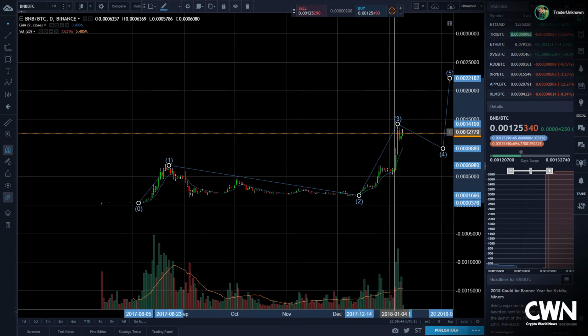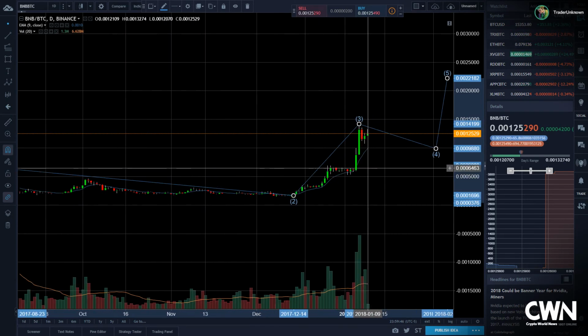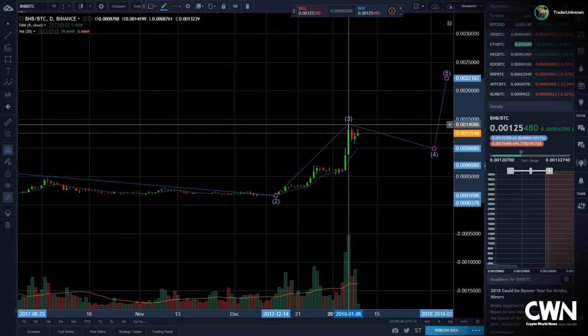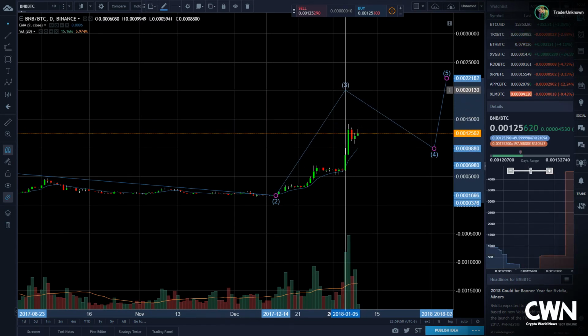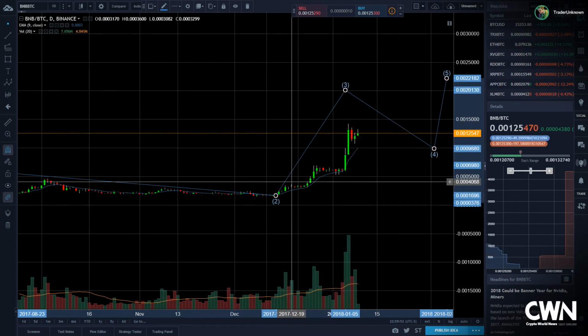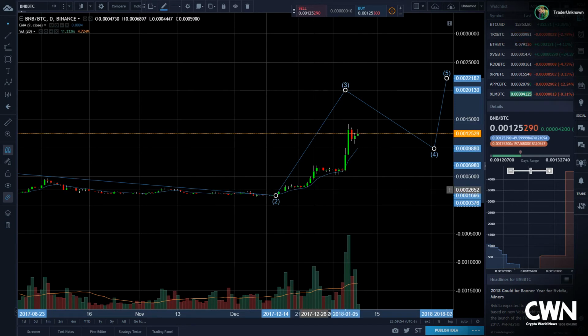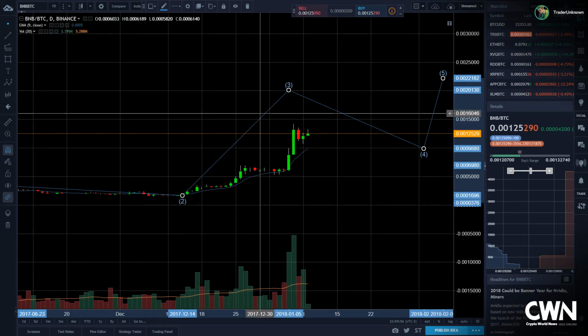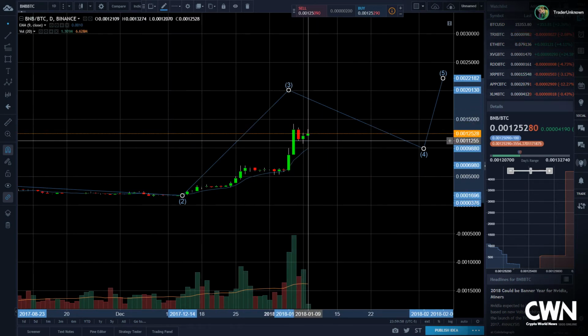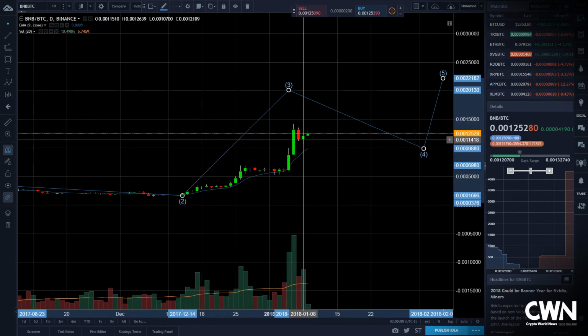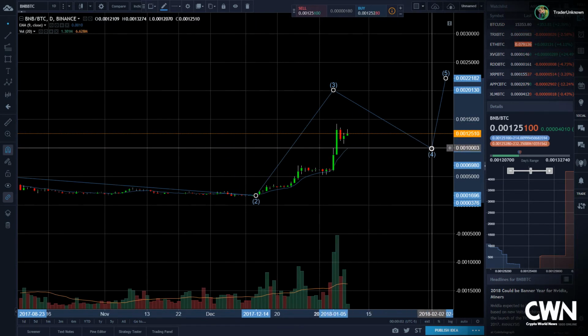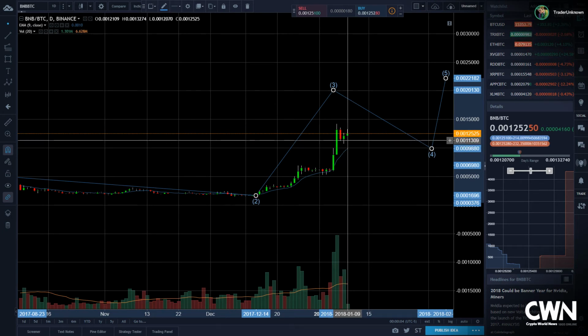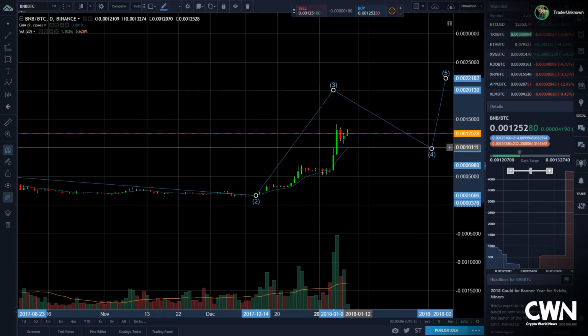So we're definitely in a primary three here, no doubt about that. Whether or not this primary three has topped or not, I'm not sure, because it could have. This could be either a B wave high or an ABC down. That would be such a short wave 4 if all we really get is just this little 4 days of an ABC down, or 5 days or whatever.